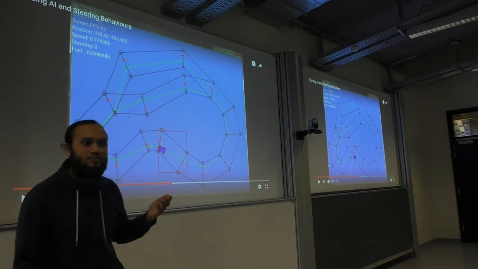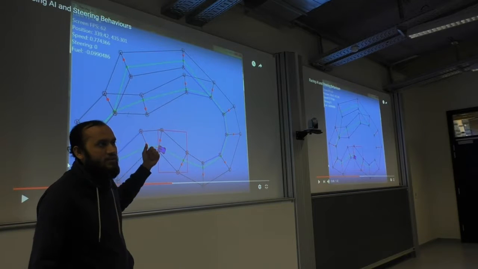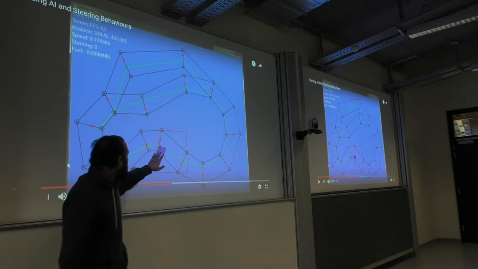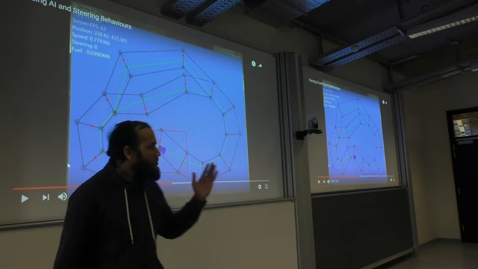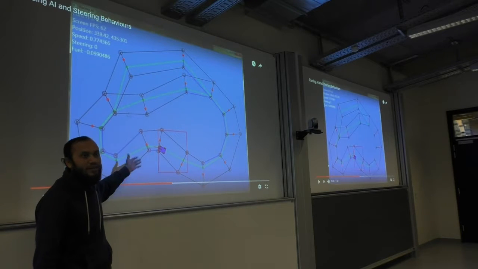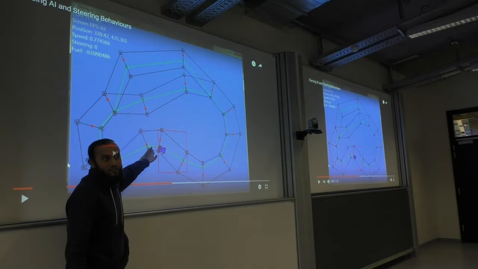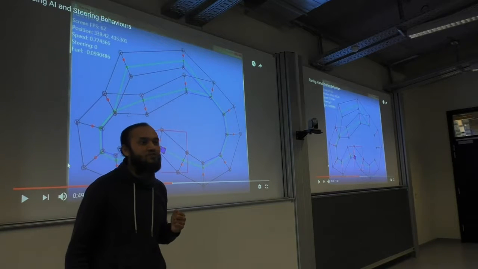I say pixels because on a computer screen we normally talk about pixels. You can also express this as distance in meters. So when you show this frame on the computer, in the next frame the car will be 5 pixels apart from the previous place. But what will be the direction? That will be set by steering behaviors.